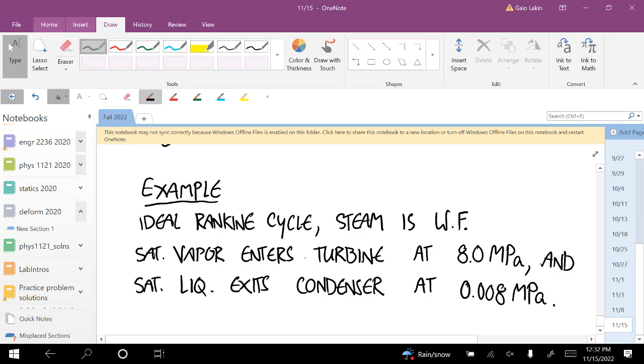That's a super low, like basically 0.01 megapascals of pressure. That's a really low pressure. That's about 1/10 of atmospheric pressure. Why would you want the condenser pressure to be that low? Is there any reason? It would take effort to make it that low.